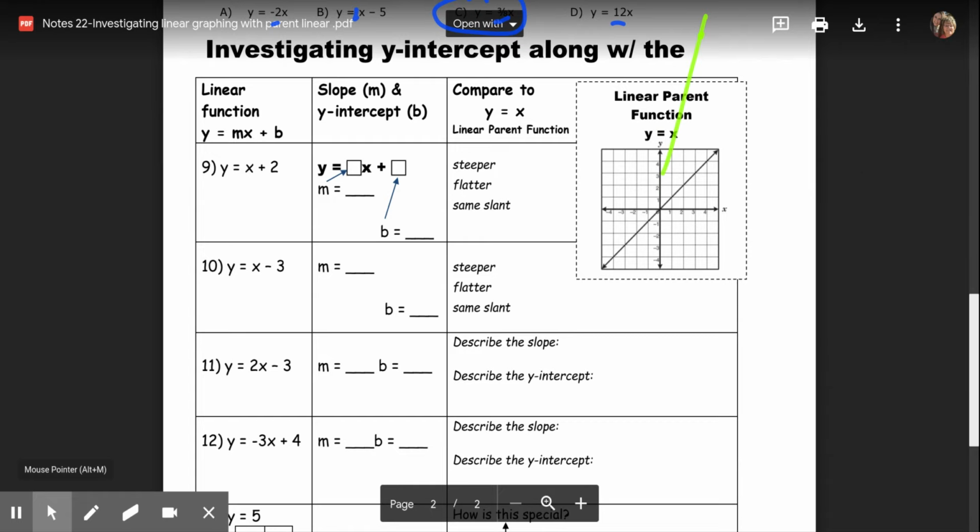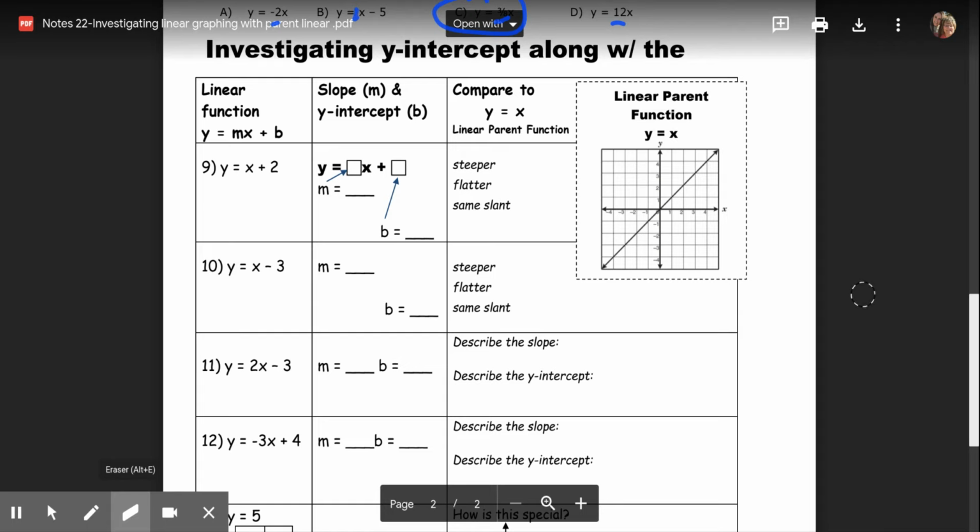All right, let's go ahead and take a look at investigating the y-intercept along with, I'm not for sure what it's supposed to say, probably along with the linear parent function. All right, so let's take a look at problem 9.